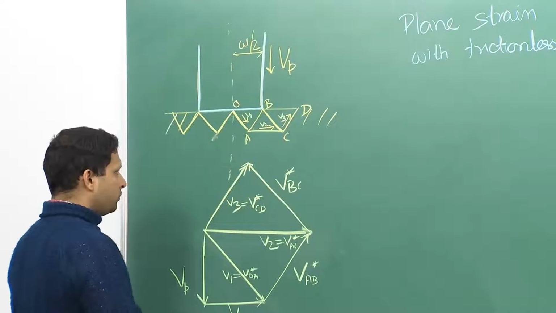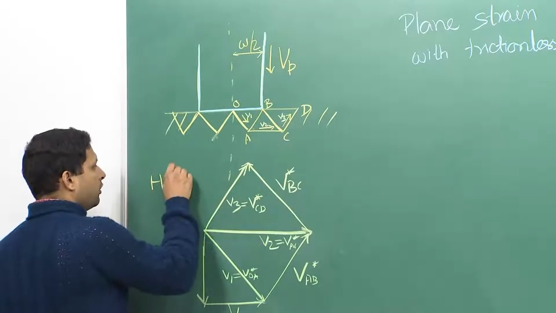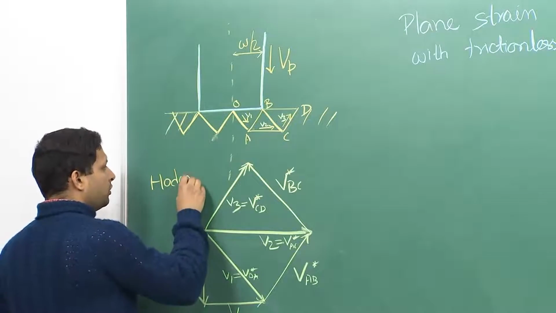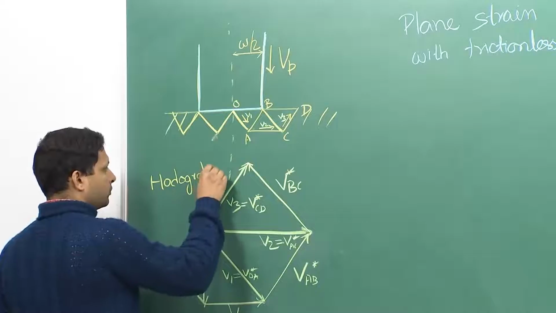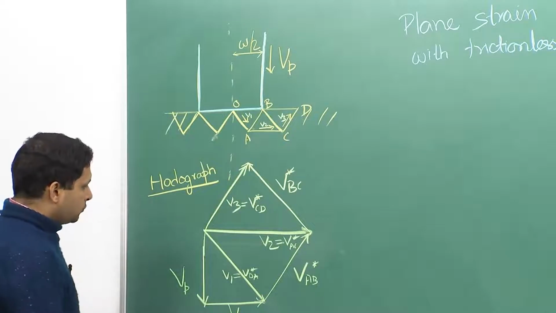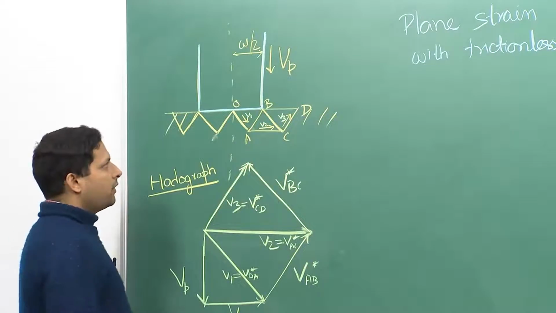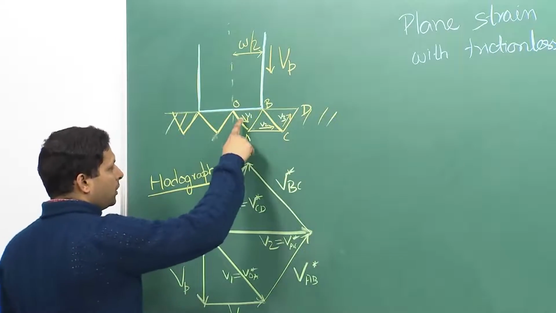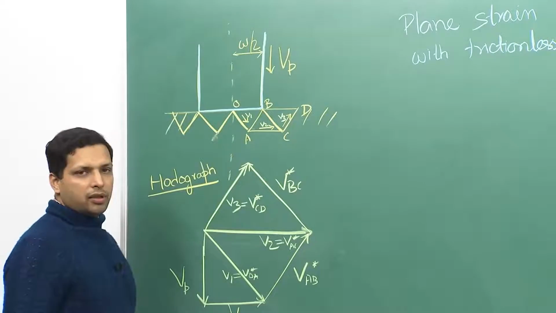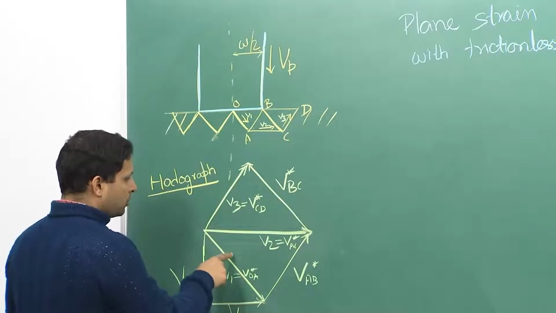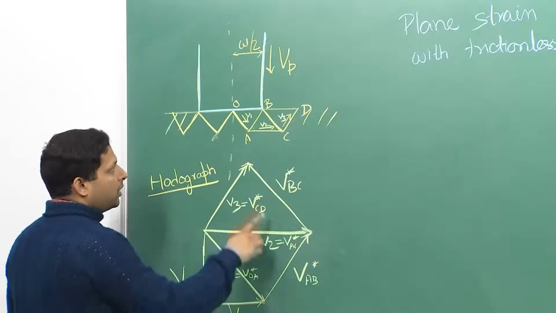This is the hodograph for the above assumed field of deformation. As you can see, we have assumed an equilateral triangle, so all the sides are equal, and V1, V2, V3 are at 60 degrees to each other.